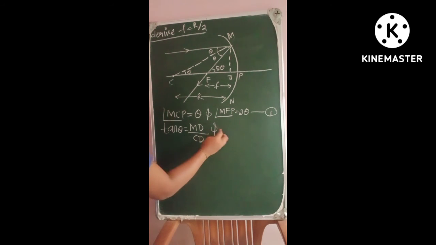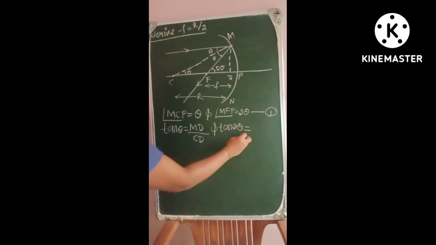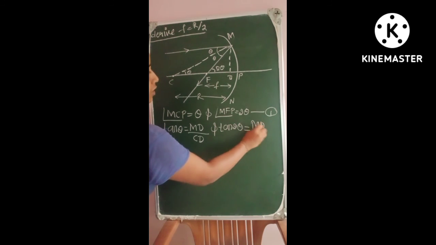And tan 2 theta is equal to MD divided by FD.